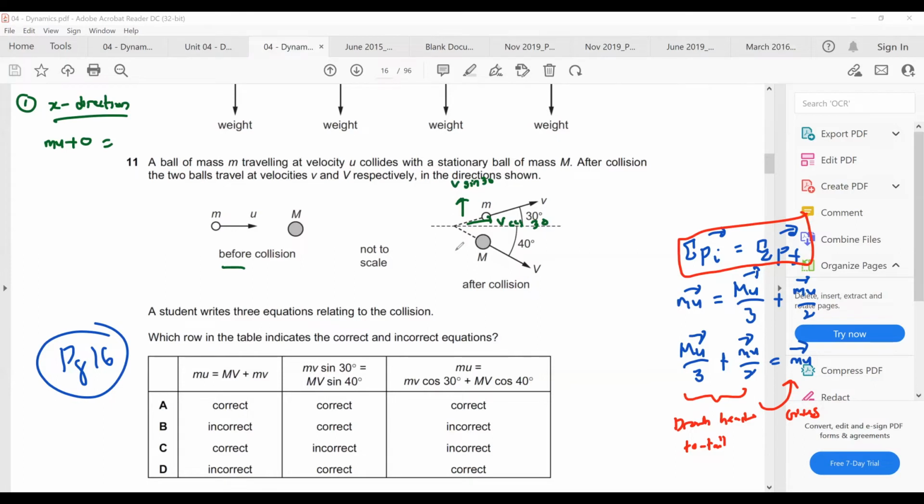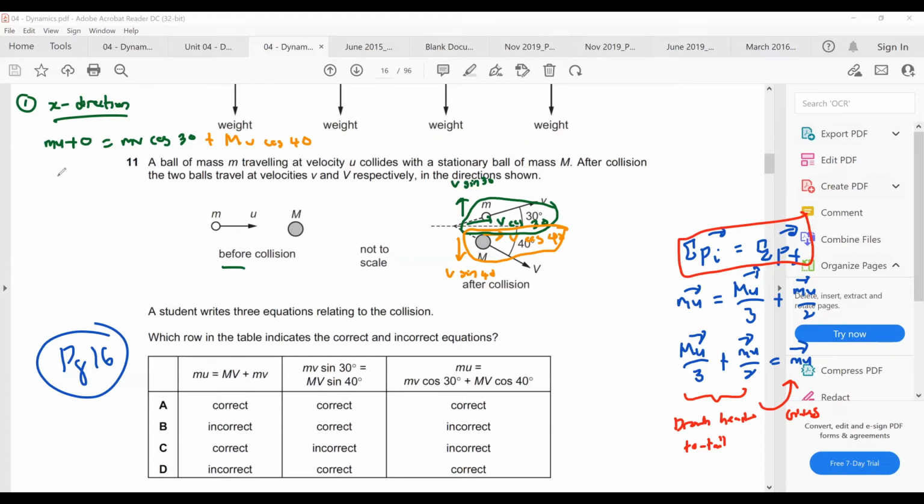This one you know you can resolve into v sine 40, v cos 40. All right, so back to the momentum in the x direction. This one would just be mv cos 30, plus mv cos 40, right?